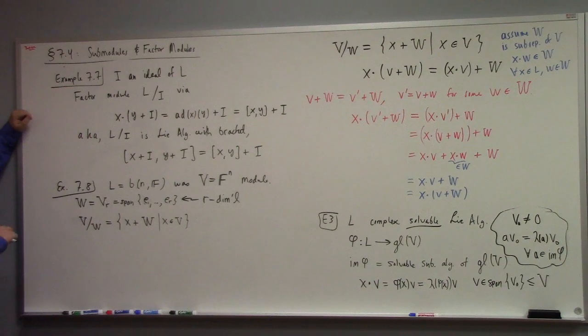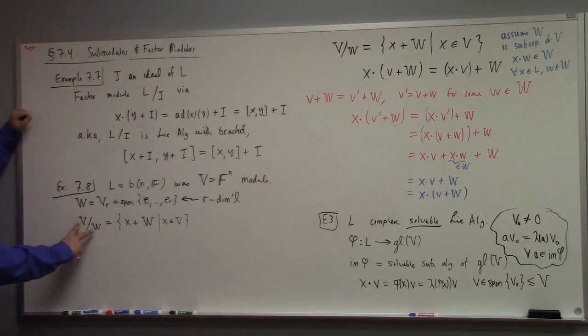That's the thing we're squashing to 0 in this construction. So the dimension of V mod W is actually n minus r.